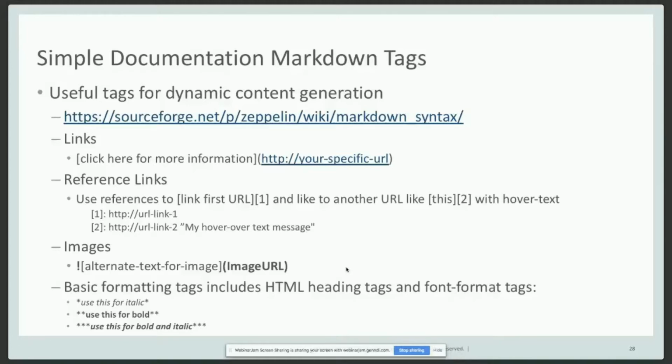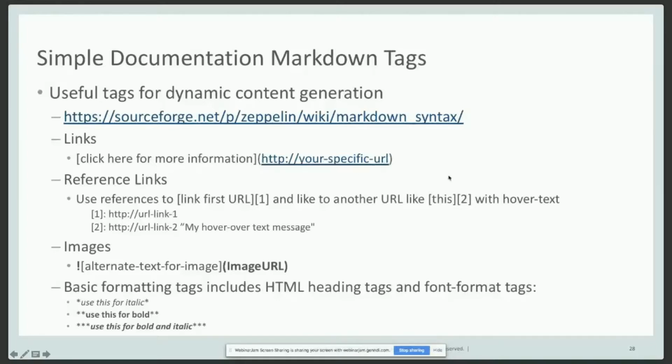You can add things such as, for example, links, and you do this in a specific way. If I wanted to create a link, I might say, click here for more information, to tell the markdown tag that it's going to be followed by a URL. I wrap the text in square brackets, and then I immediately follow that with an open bracket, give it a URL and close the bracket.